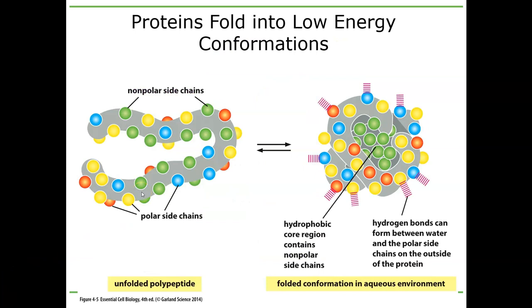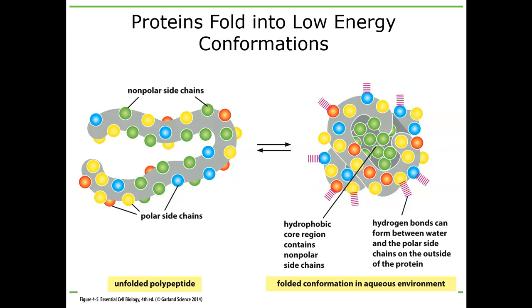Here's a cartoon representation of a peptide in the unfolded form. We might have polar side chains in blue or yellow, and green would be non-polar side chains. Typically, as this is being synthesized, these different groups, especially the non-polar groups, are going to glob together, kind of like oil and water, right?